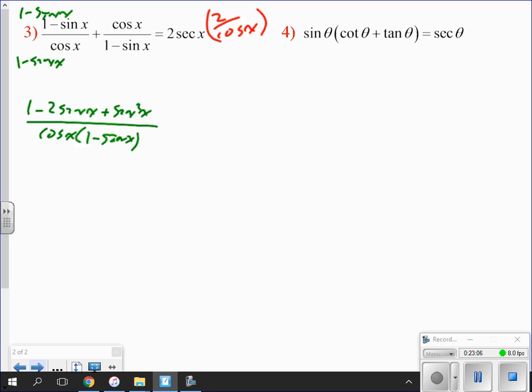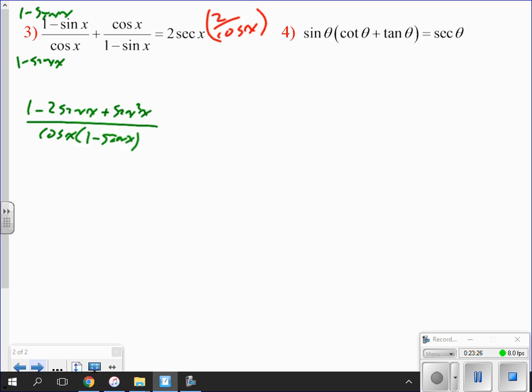Common denominator. Notice I did not multiply out my denominator. 90% of the time, leave your denominators in factored form. Do not distribute. 90% of the time, that's what you're going to want to do. And if you think about it, I want cosine in my denominator. That's going to give me a cosine in my denominator.